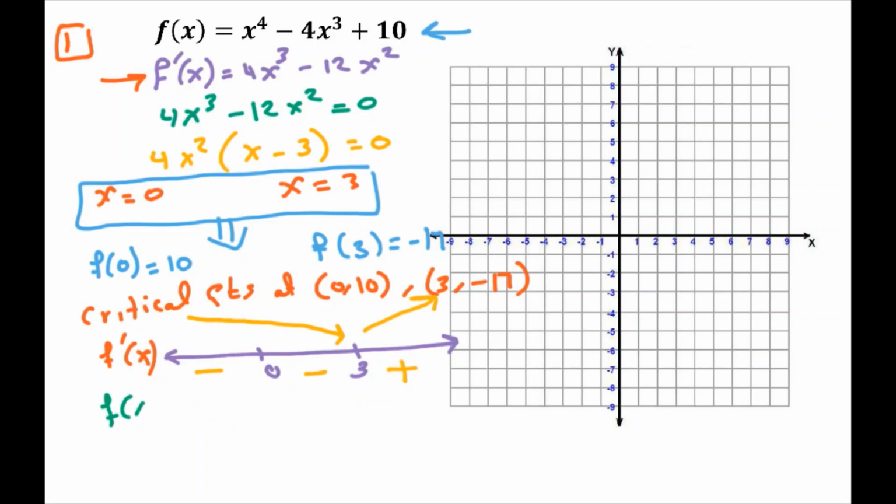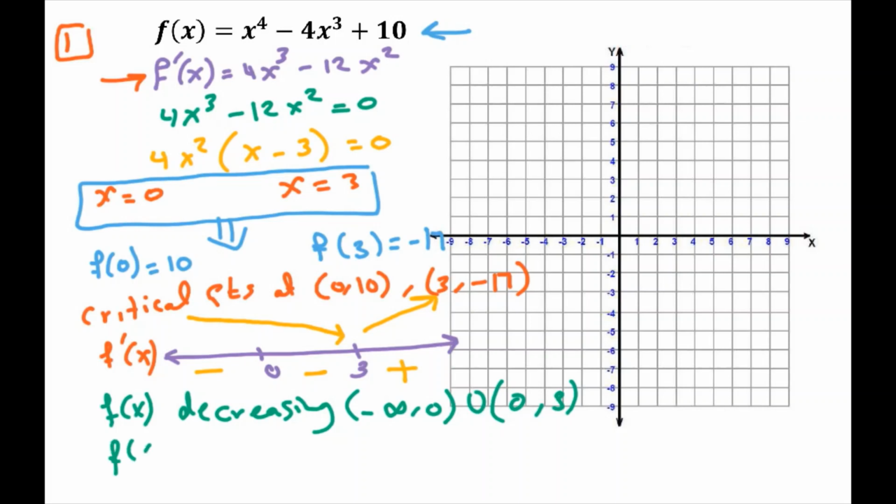So f of x is decreasing from -infinity to 0, and then 0 to 3. Remember, you cannot include the critical points. f of x is increasing from 3 to infinity. Now, what about the extreme values? Well, as you notice, this is a critical point at which the function changed its direction, was decreasing and then increases.